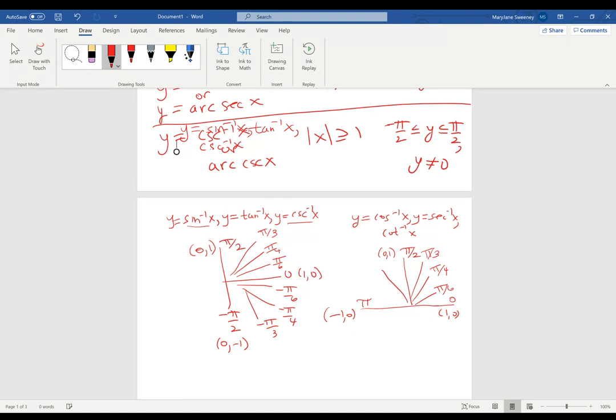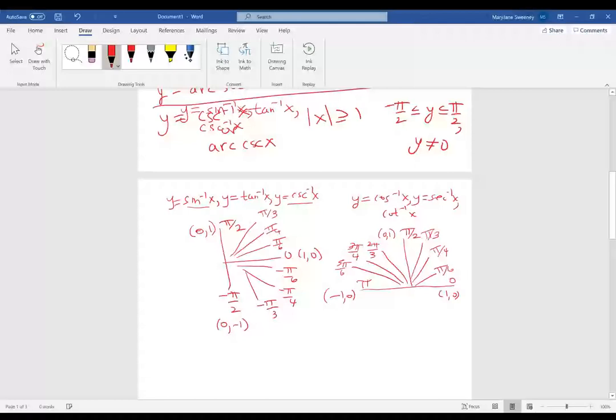If we think of our second quadrant angles, let's say 6 pi over 6 is on the line, so 5 pi over 6 is in quadrant 2. If 4 pi over 4 is on the line, then 3 pi over 4 is in quadrant 2. And if 3 pi over 3 is on the line, 2 pi over 3 is in quadrant 2.